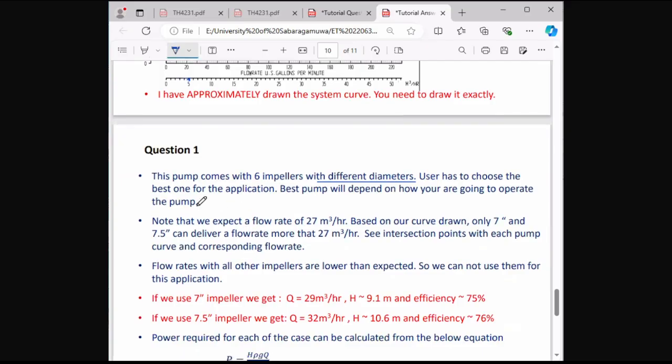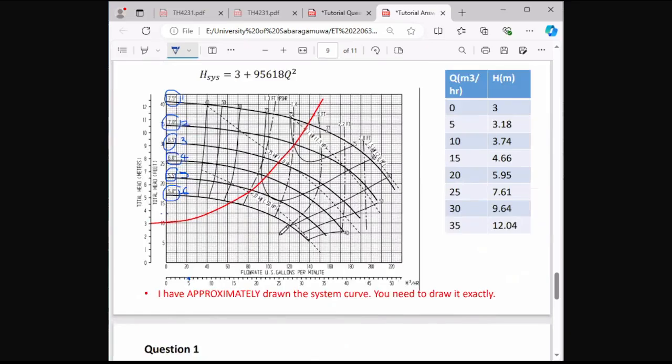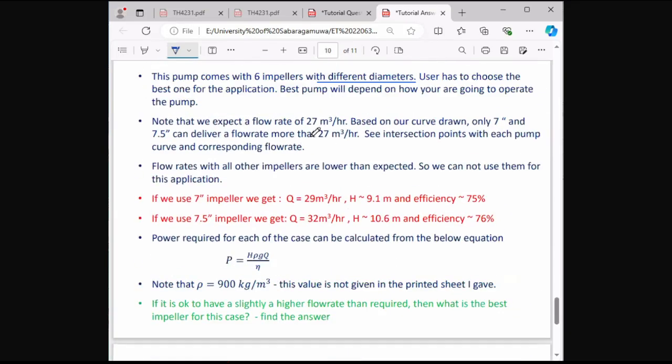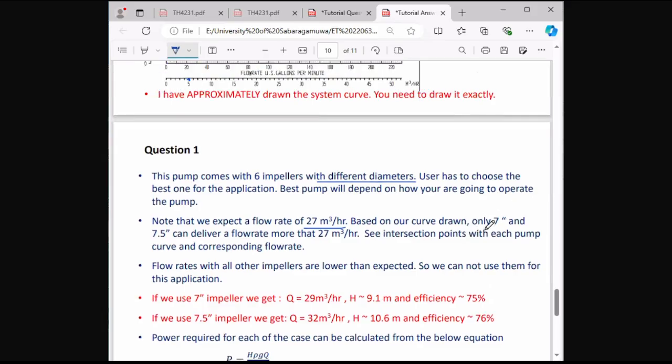Then we need to design the system according to this 27 cubic meter per hour flow rate. Okay, we expect a flow rate of 27 cubic meter per hour. Then based on our curve drawn, only 7 and 7.5 can deliver a flow rate of more than 27 cubic meter per hour.